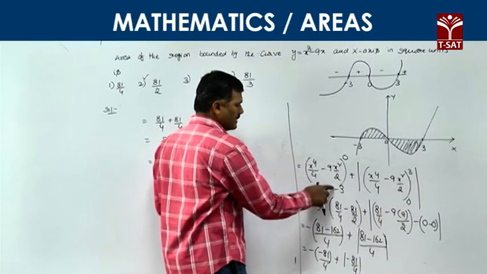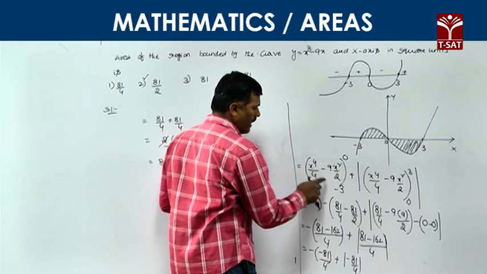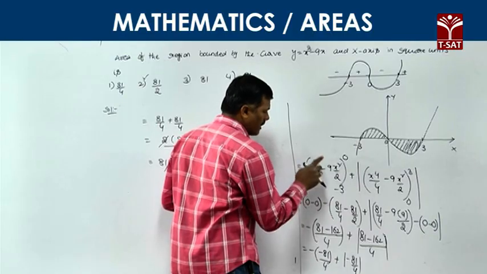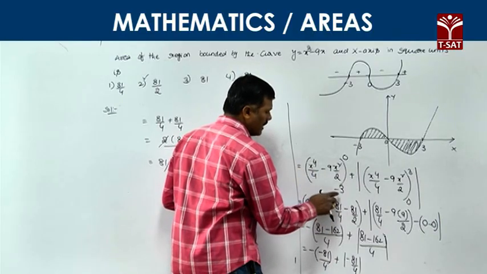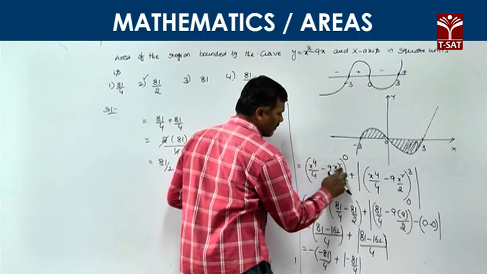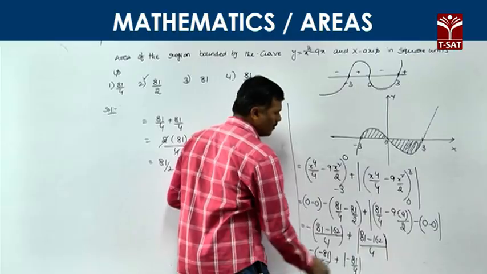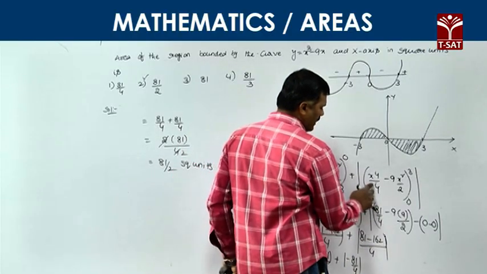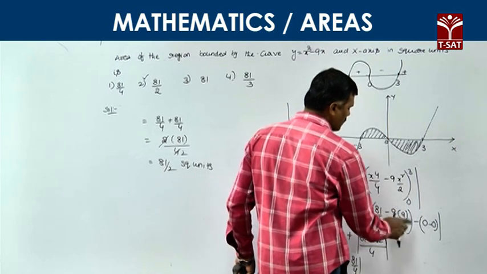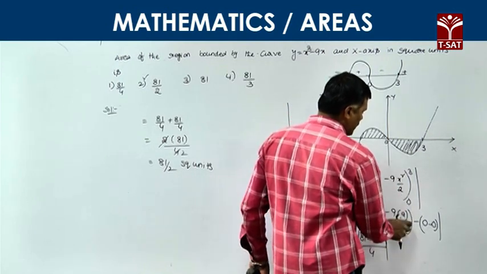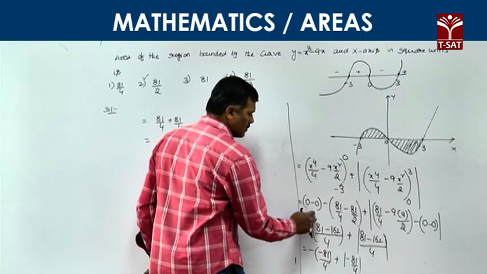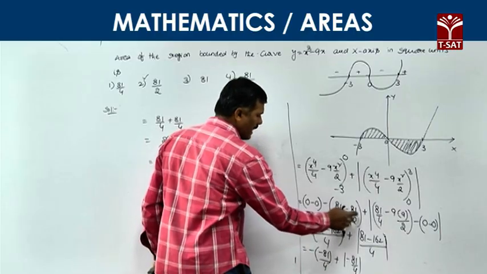Now upper limit minus lower limit. Upper limit 0, minus lower limit minus 3 whole power 4, the power is an even number, so it is 81 by 4, minus 9 into minus 3 whole square 9, 9 into 9 is 81 by 2. Plus the remaining here, 3 power 4 is 81 by 4 minus 9 into 9 by 2, upper limit minus lower limit is 0. Simplifying, this is 0 minus 81 by 4 minus 81 by 2.